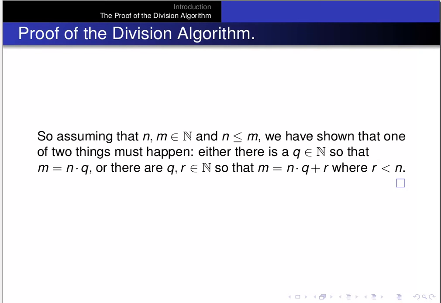Either there's a q in the natural numbers so that m is equal to n times q, or there are natural numbers q and r so that m is equal to n times q plus r, where the remainder is strictly less than n, the divisor. And that completes the proof of the division algorithm.